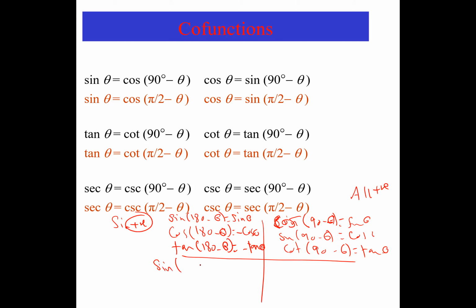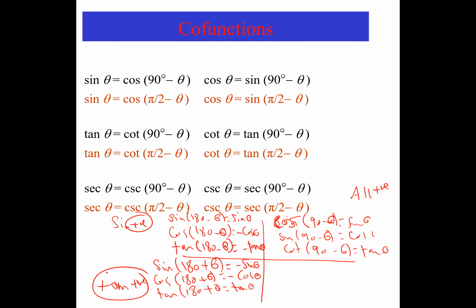sine of the angle that lies in the third quadrant, called 180 plus theta, equals negative sine theta, because the sine in the third quadrant is negative, and cosine 180 plus theta equals negative cosine theta, and tan 180 plus theta equals tan theta, because tan in the third quadrant is positive.